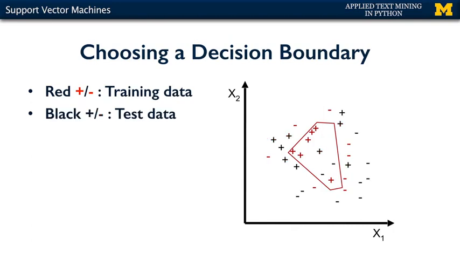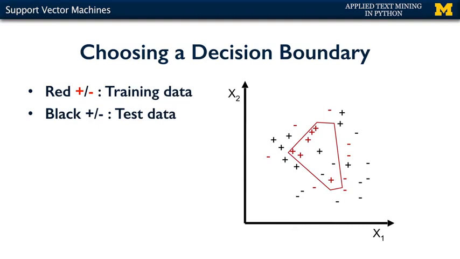But then when you look at the test data, represented by black positives and negatives here, you would start seeing that yes, in general, there are positive points near the positive points you saw earlier, and negative points are near negative points. But because of the way we defined the decision boundary, we have made many more mistakes here.